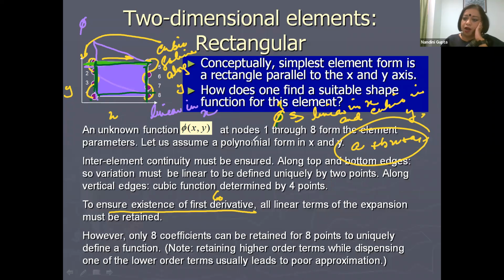Now, if you're thinking of a cubic polynomial, how many terms does a cubic polynomial in X and Y have?